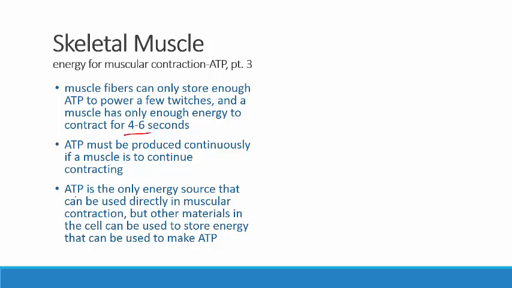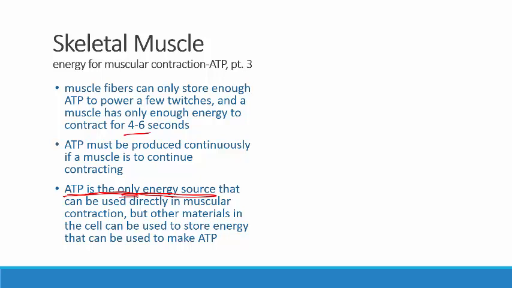And just to be clear here, ATP is the only energy source that can be used directly in muscular contractions to reset the muscle fiber to be able to contract again, or to contract additionally. But it's not the only way that we store up energy in the cell.